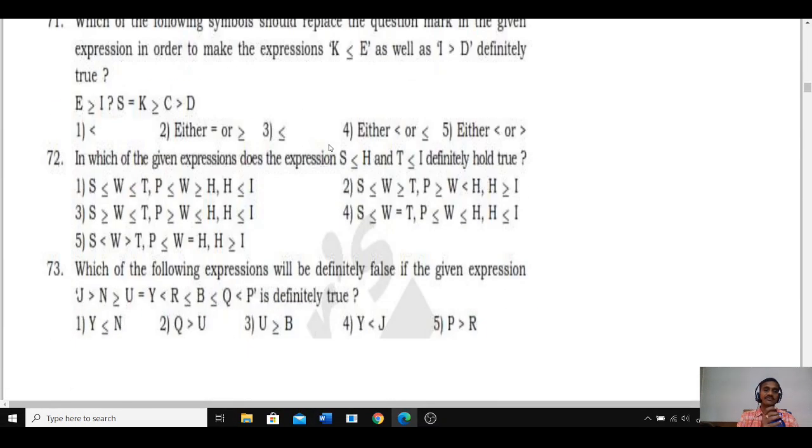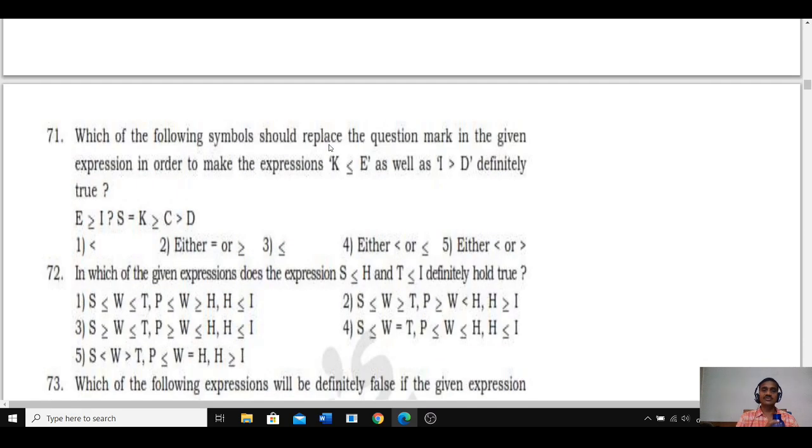Then 71 to 73. Now in this 71 to 73, they are based on coded inequalities. Now in this one, question number 71.